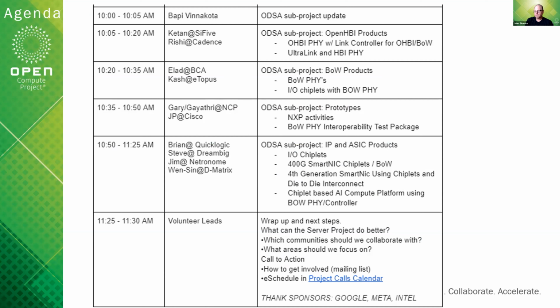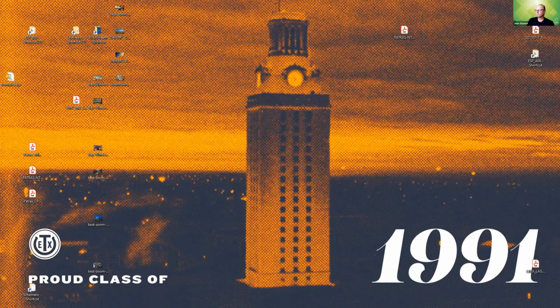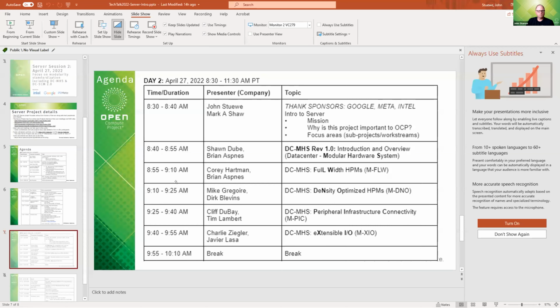We are about out of time. I want to encourage everybody to join tomorrow's day 2 Tech Talk. I have an agenda for that hidden; we should pop that up for those who haven't seen it. Tomorrow we'll be announcing a DC-MHS spec, our modular hardware system.